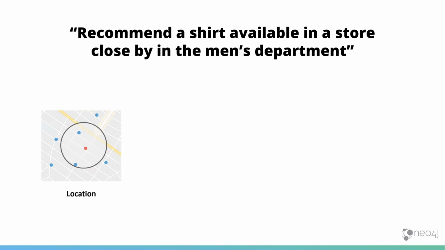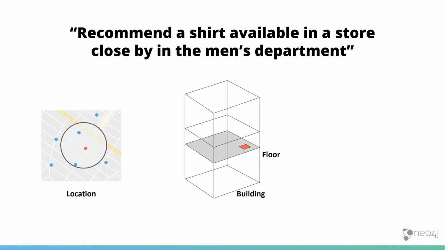So I could do a location-based search and identify where the department stores themselves are. It could then tell me exactly which floor the men's department might be within that building, and target me to the exact rack for my particular shirt size.